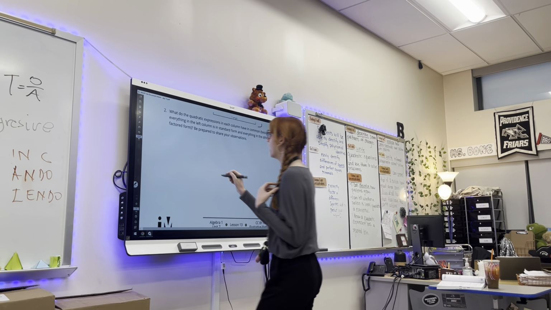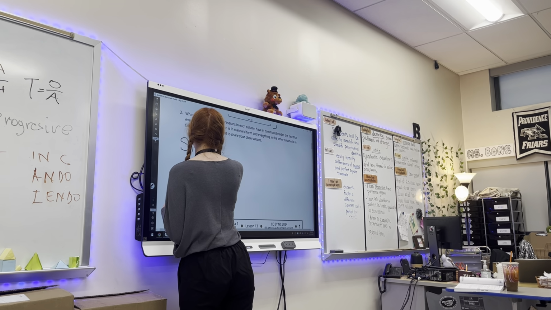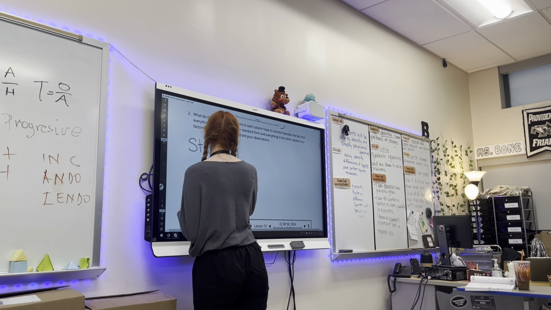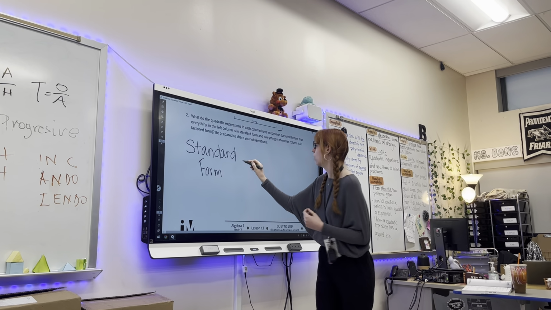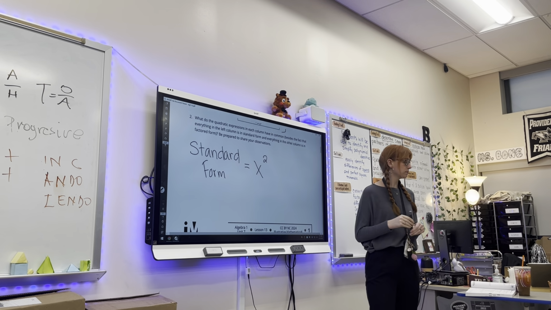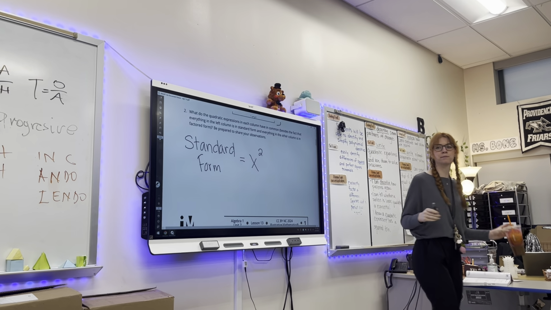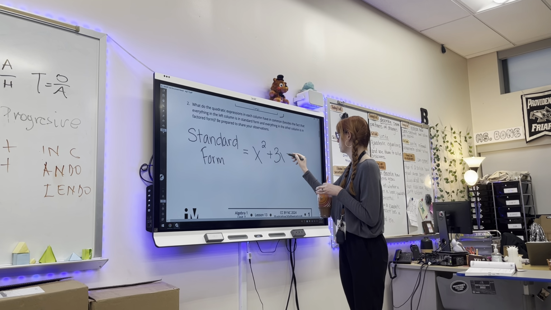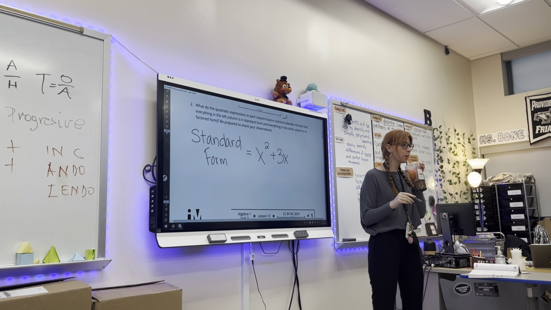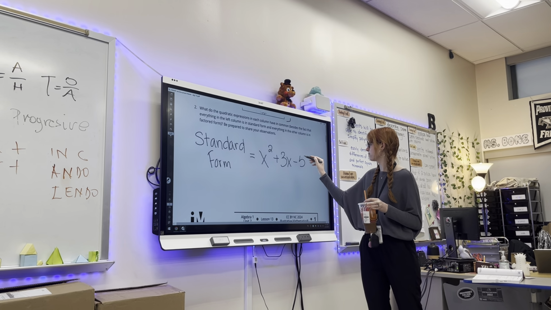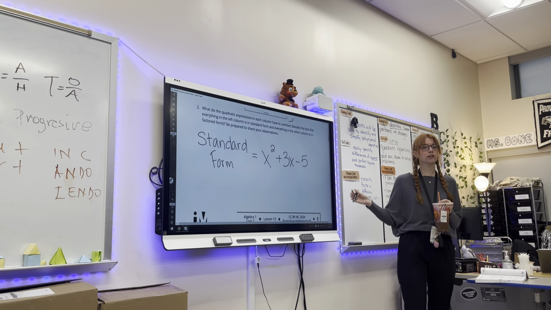Standard form always has an x squared. Somebody pick a random number. 3. Somebody pick another random number. 5. Sure. The numbers here don't matter.